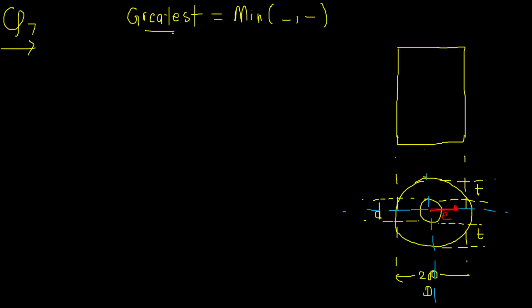If it is asked find out the greatest value among this, then we should use the minimum of those two values. जर question मध्ये असेल find the minimum value or find the minimum reinforcement, then what we will take here, we will take the maximum of the two values. Okay, so in this question now, first write down the given.